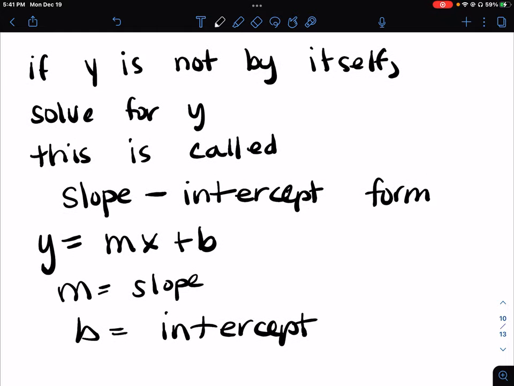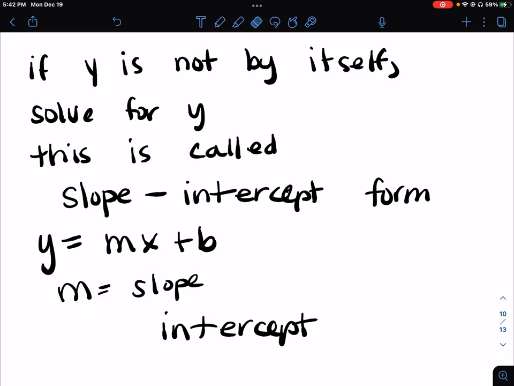If y is not by itself, you have to solve for y. That's called the slope-intercept form. Okay, and it's y equals mx plus b. M is the slope and b is the y-intercept. Okay, m is the number in front of x and b is the intercept.